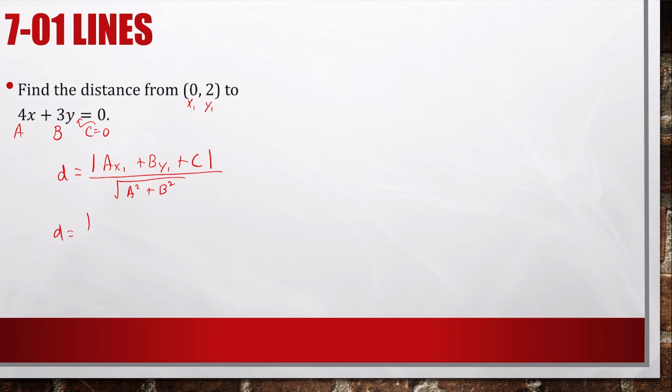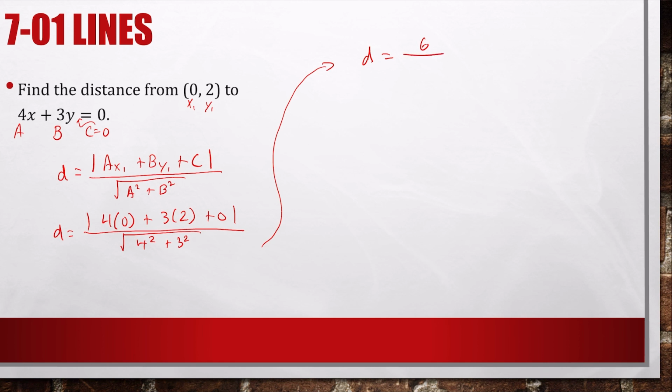So our distance appears to be 4 times 0 plus 3 times 2 plus 0 over the square root of 4 squared plus 3 squared. So the top is 6, the bottom is 5. So it appears to be 6/5, or 1.2.